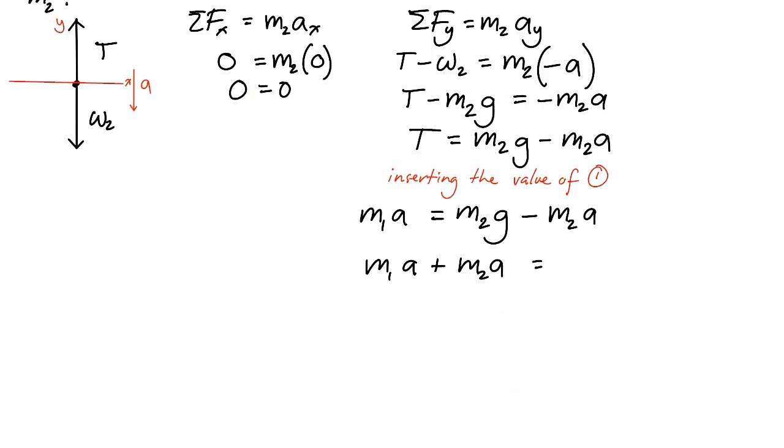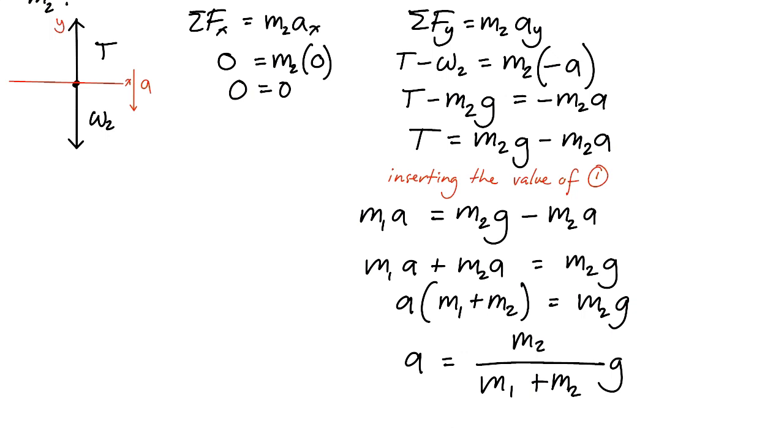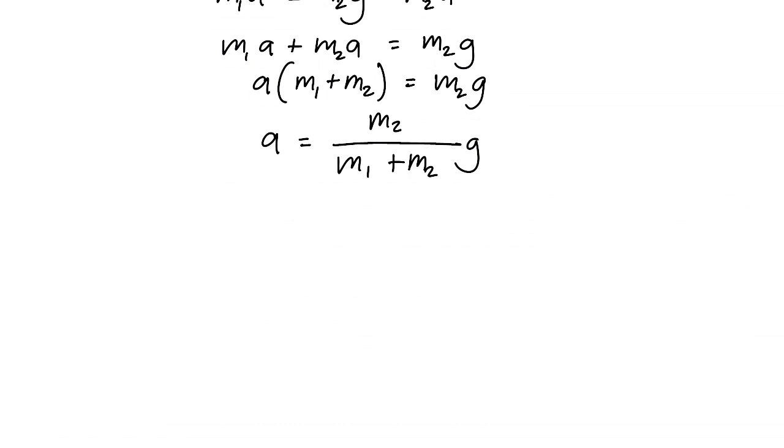And that is equal to mass 2 times G. Now, both have A, so we can factor out the acceleration here. So A times mass 1 plus mass 2 is equal to M2G. Now, we just need to transpose this, and we can get the value for the acceleration A. That is simply M2 over M1 plus M2 times the acceleration due to gravity, G. So this is the equation we will use for the acceleration.